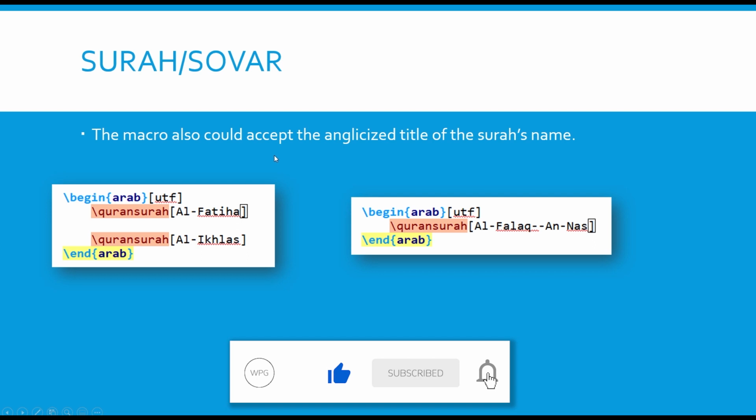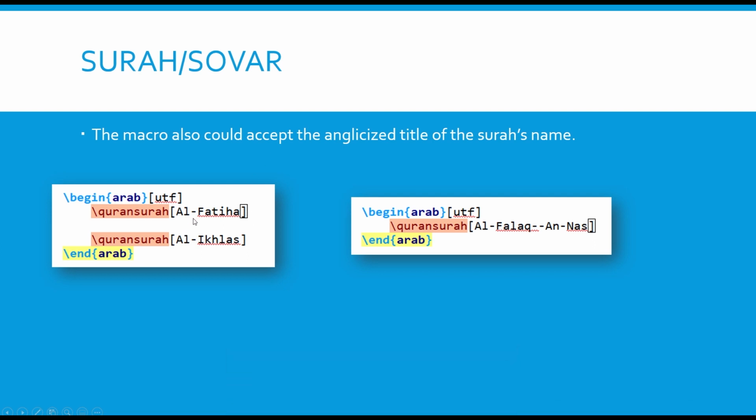Instead of giving the surah number in the optional arguments, you can also give the name of the surah. For example, \quransurah Al-Fatiha, \quransurah Al-Ikhlas, and in the range you can give the name Al-Falaq. To separate the surahs, you need to write double dash: Al-Falaq dash dash An-Nas. So it will write the surahs from Al-Falaq to An-Nas.